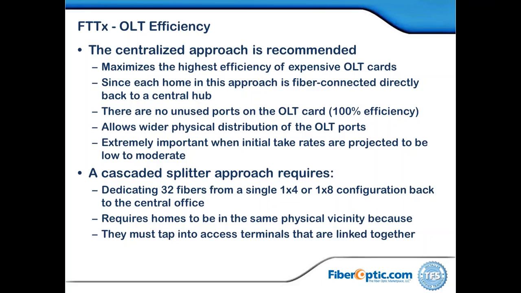Now, where these splitters are placed in the physical infrastructure would depend, and there are basically two classifications. I can do what they call a centralized approach. As you see on the bullets, it's a lot to read, but the optical line terminal cards have much efficiency because each fiber, say 32, is split at the central office and each home has its own fiber back to the central hub.